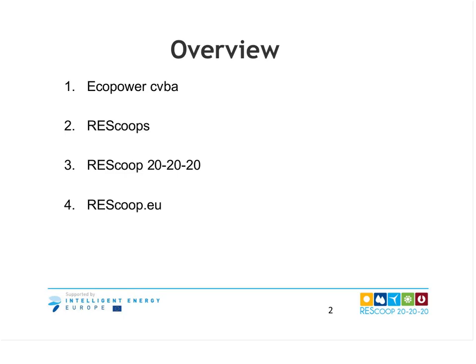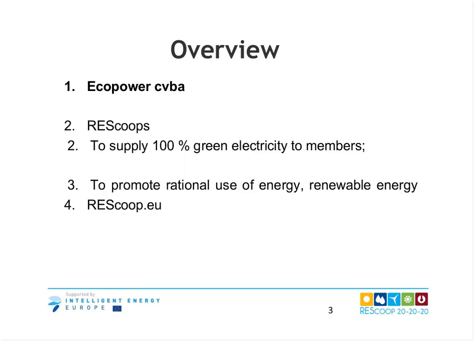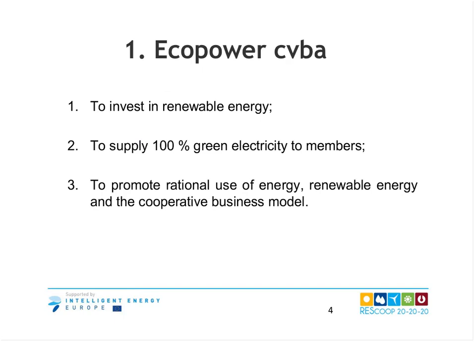Okay. First about EcoPower. EcoPower was created already in 1991, so it's already 22 years ago, to invest in renewable energy. And our aim was to supply our members with 100% green electricity.